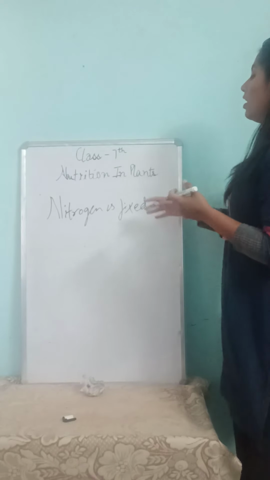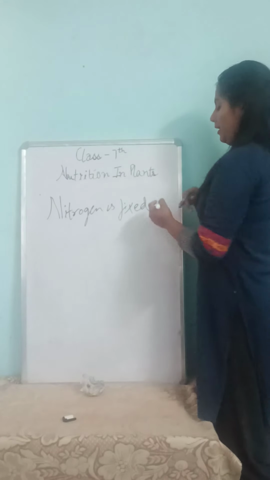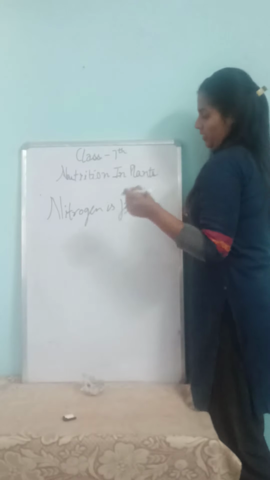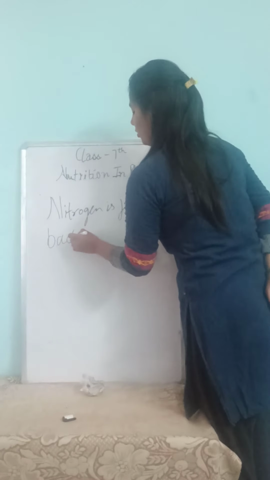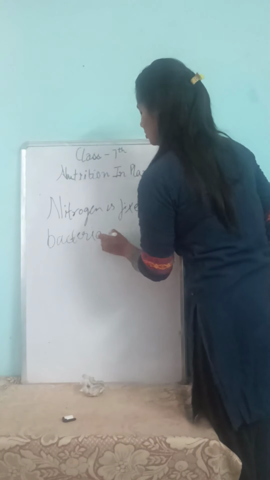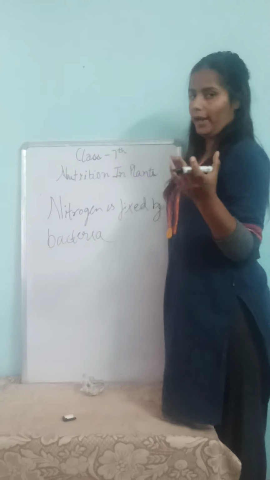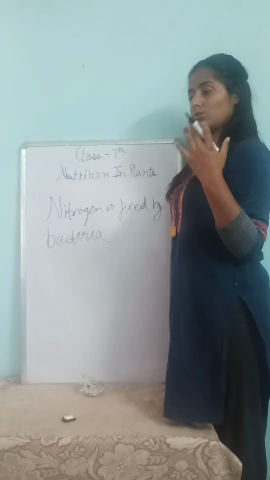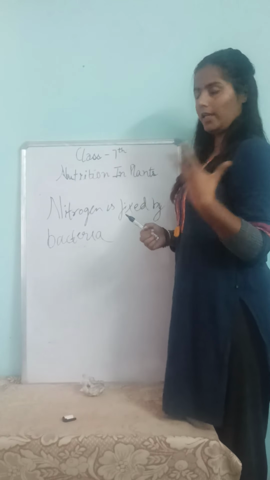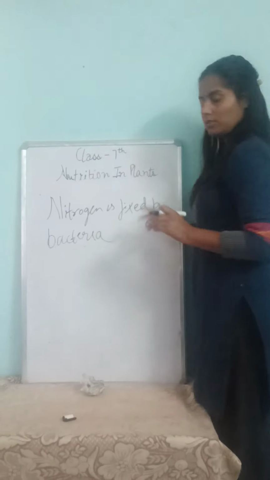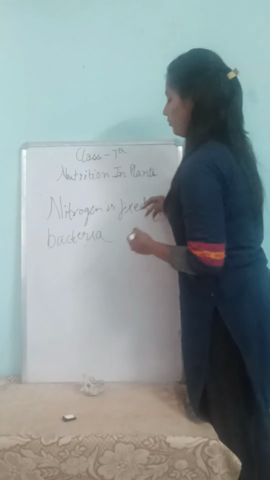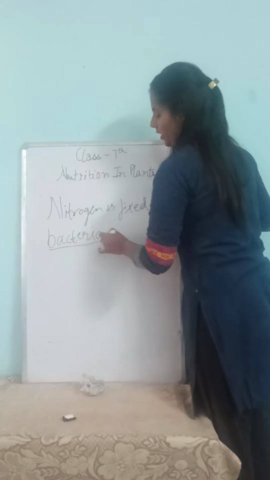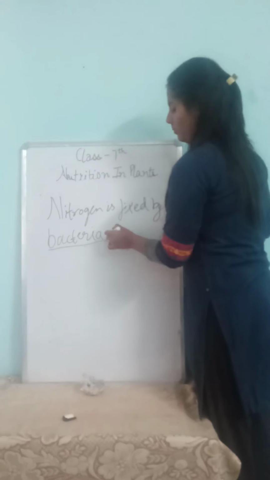Likewise, nitrogen is being fixed by some bacteria. So in this soil, the nitrogen is not very much essential. For uptaking of nitrogen, there are some friends, you can say, or the source from where the plant gets the nitrogen, and the source is the bacteria.